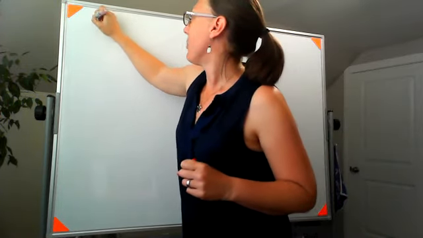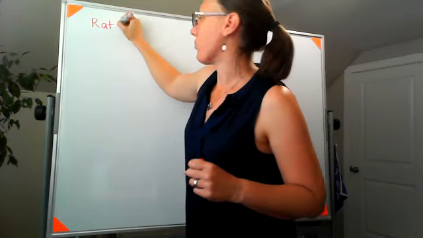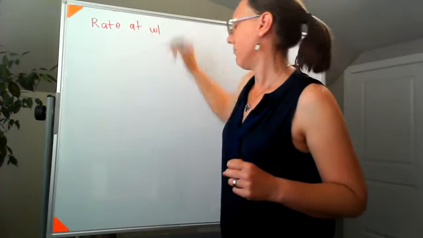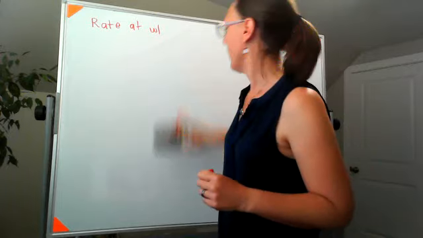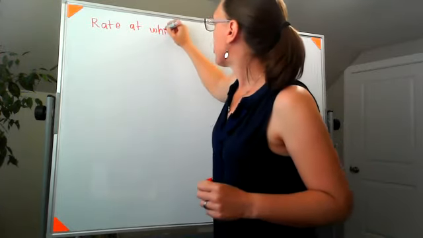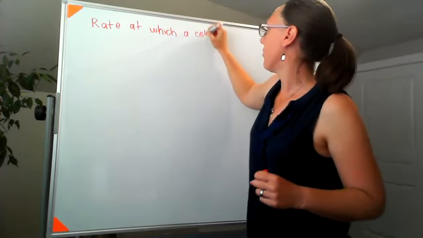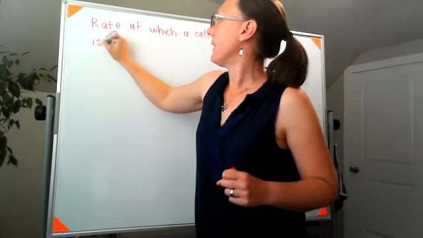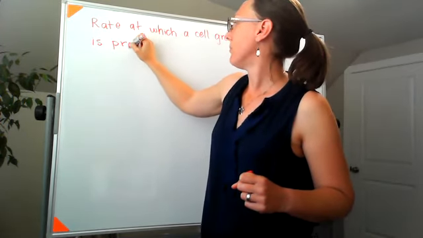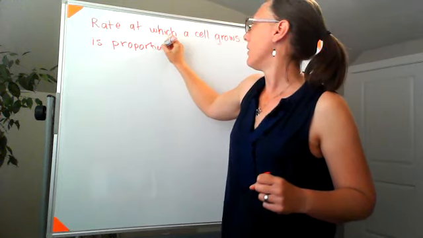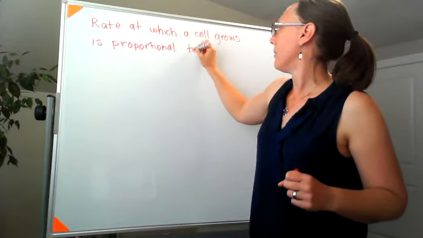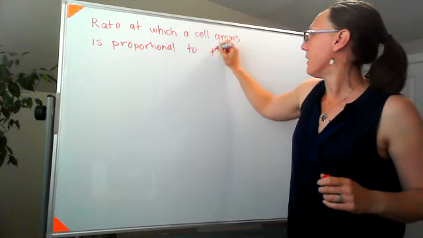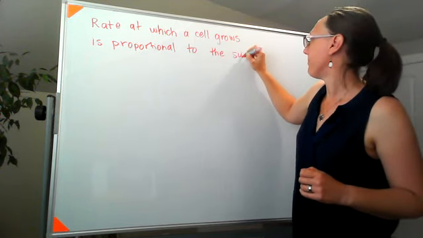So putting that in words, that says the rate at which a cell grows is proportional to the surface area.